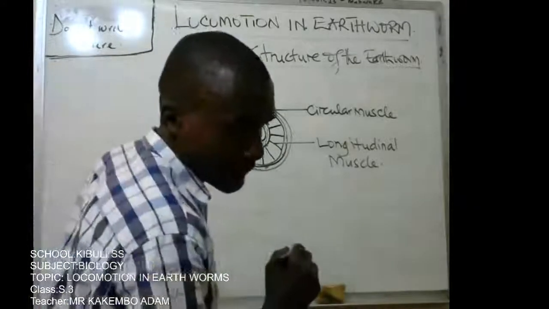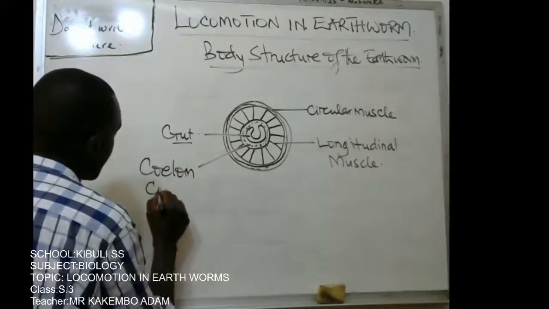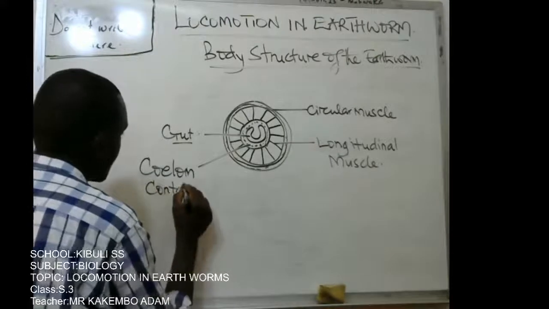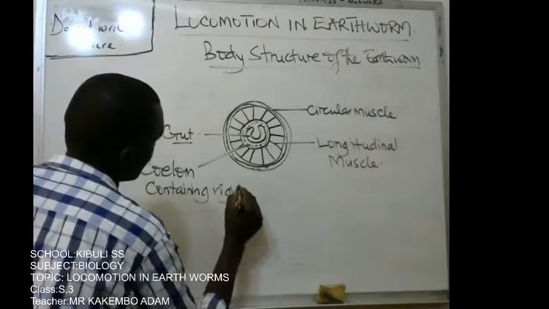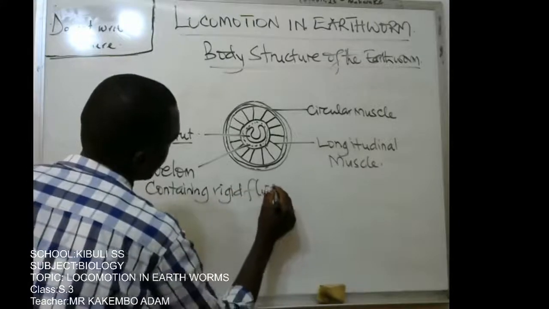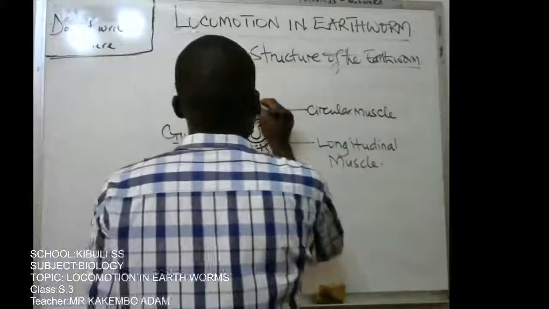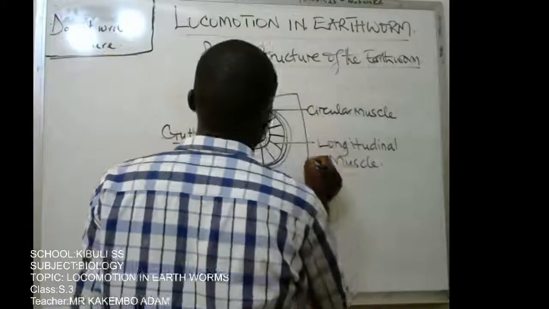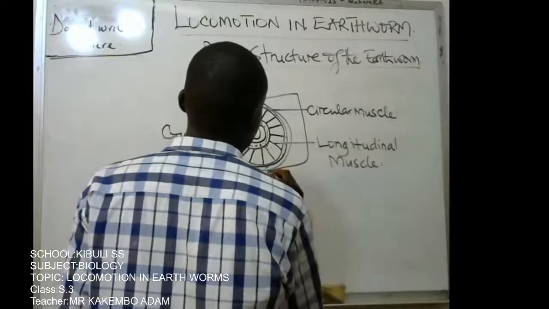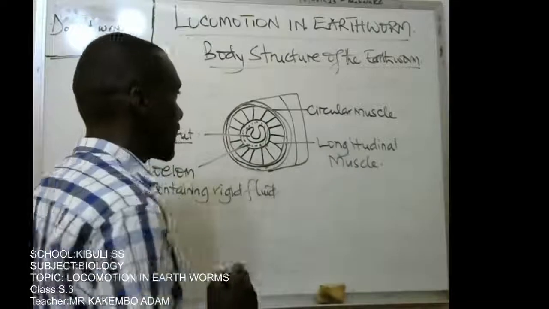The center forms a containing rigid fluid on which the muscles are attached. Then we have also said the body of an earthworm is segmented. It has segments. Those are important features.